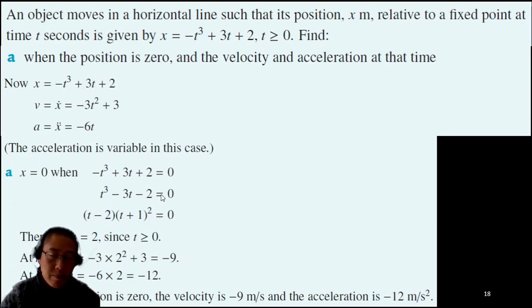Probably with just random substitution and using the factor theorem. Otherwise, just CAS it. Use the solve function to solve that. That gives you two values again. The fact that t is always positive will exclude the negative answer. You substitute that t value to find your respective velocity and acceleration with the correct signs.